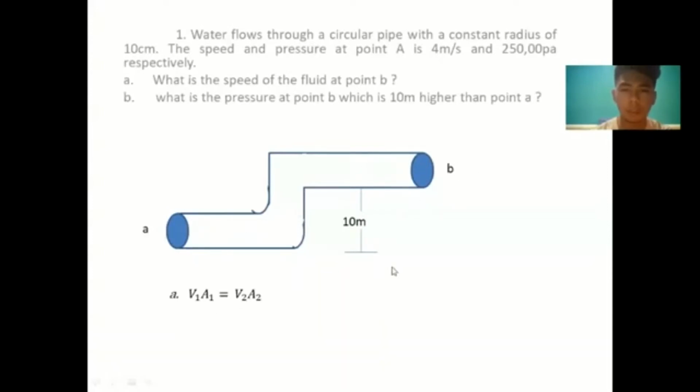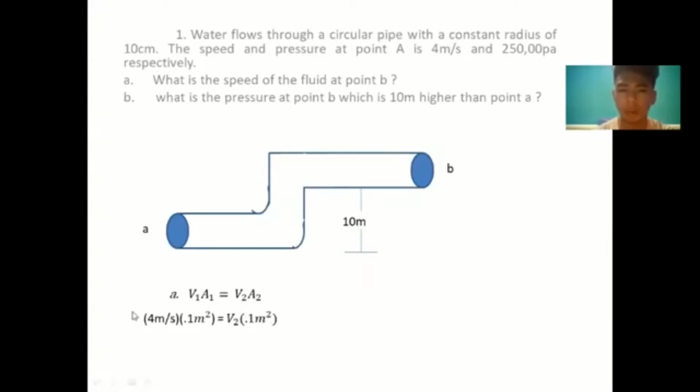So we can plug in the given. The velocity is 4 meters per second, times 0.1 meter squared. We convert the 10 centimeters into meters, and it equals V2, which is the missing one, times area 2, which is 0.1 meter squared.